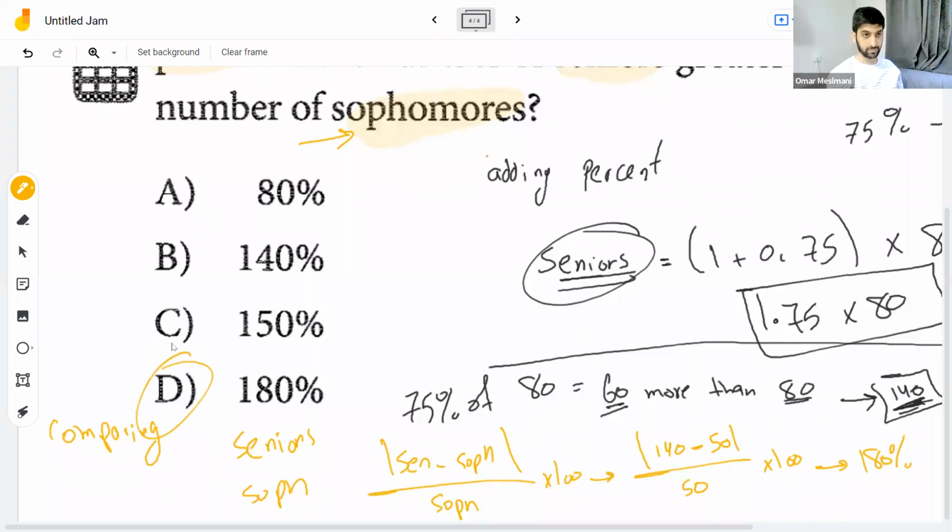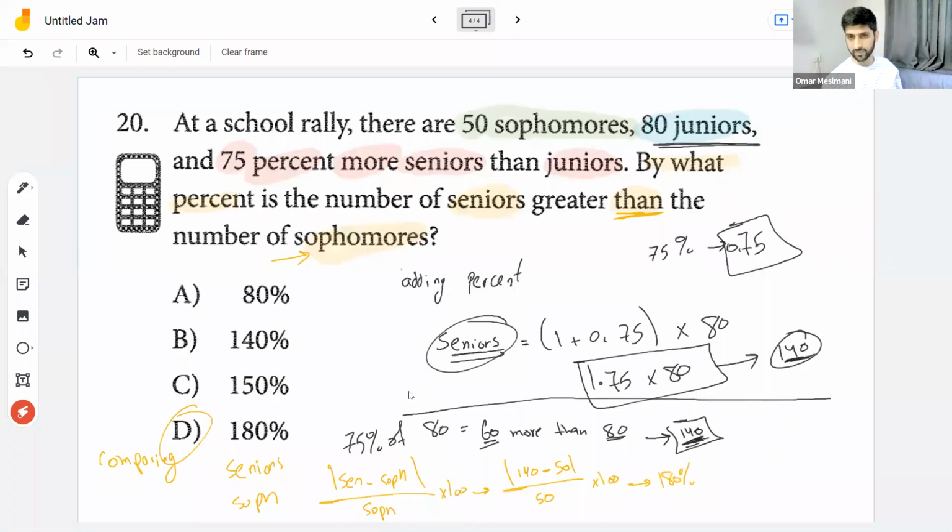Why did we put the 50 in the denominator? Mr. Yahya, can you hear my voice? Yes. Okay, the 50, because he's comparing the number of seniors with the number of sophomores.